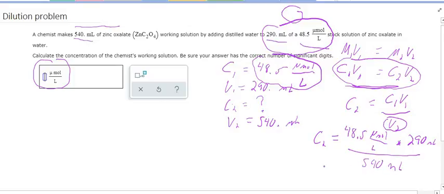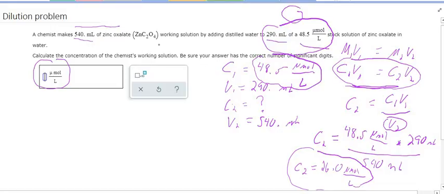Not sure why I trapped myself in this corner over here, but if I solve for all that, I'm going to get that C2 equals 26.0 micromoles per liter, or micromolar. That is the answer. It has the right number of sig figs. That should give me the correct answer in ALEKS.